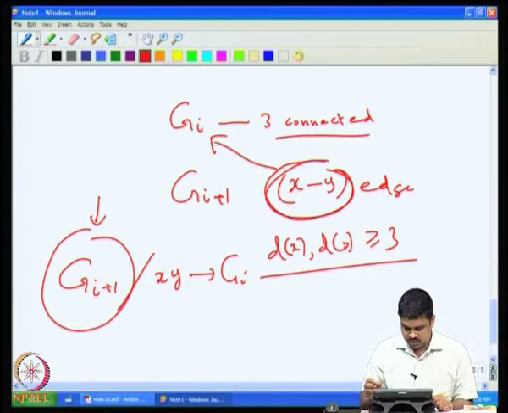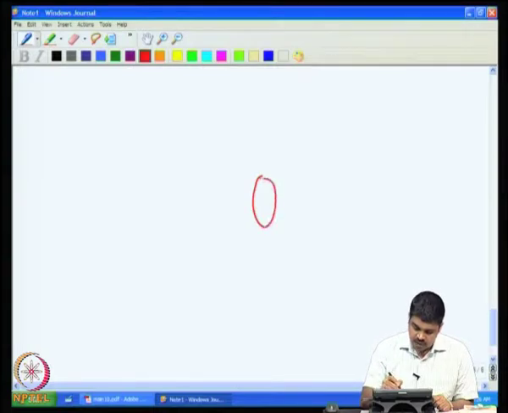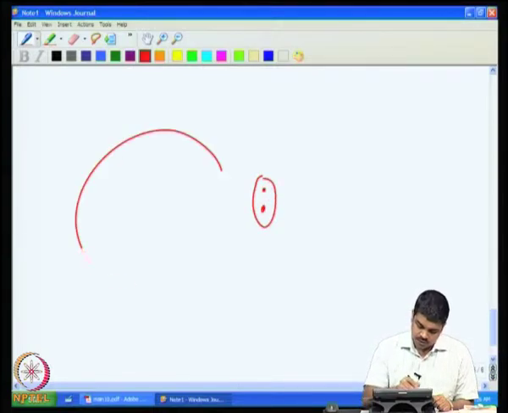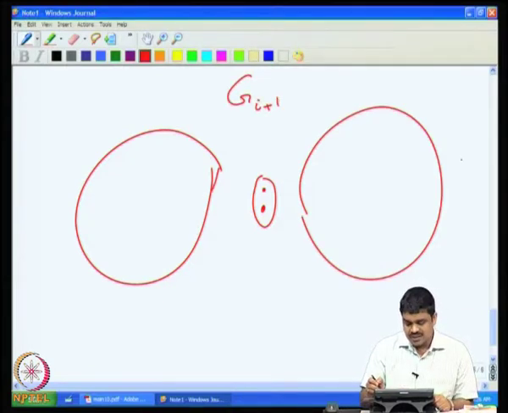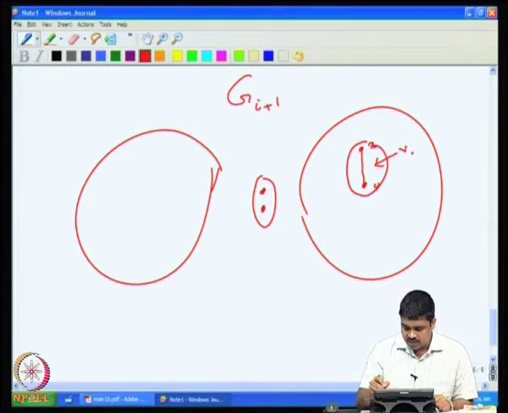Suppose this is not 3 connected, then we will get a minimum separator of cardinality 2. So there are 2 components on these sides. This is Gi plus 1. Now, is it possible to have both my x and y on one side? If I contract this edge, we replace it by Vxy, and what we get will be Gi, but Gi is not supposed to have any separator of cardinality 2.